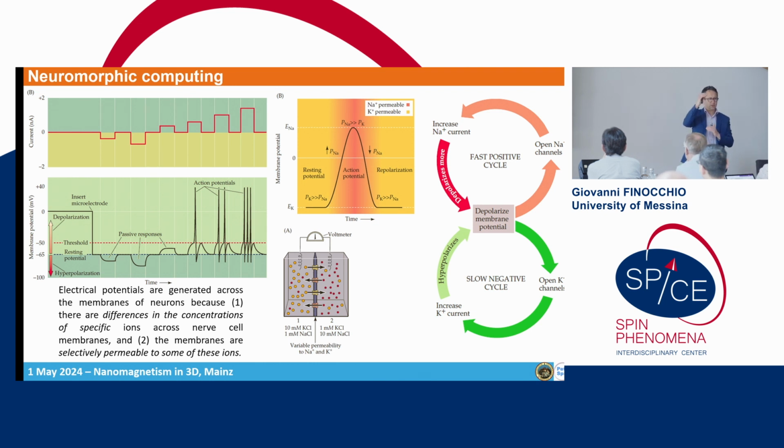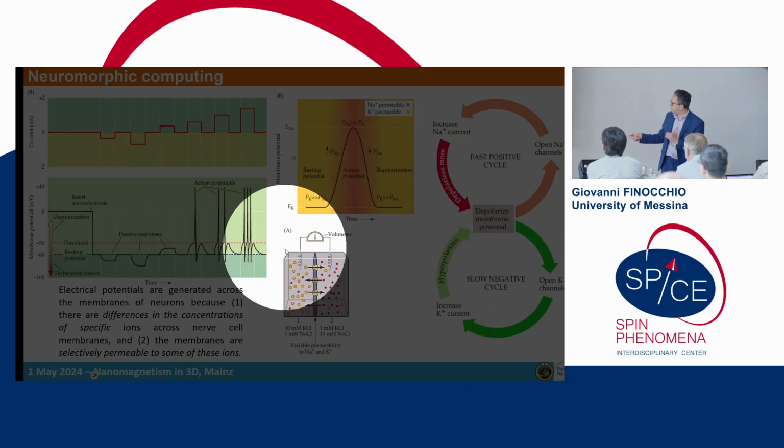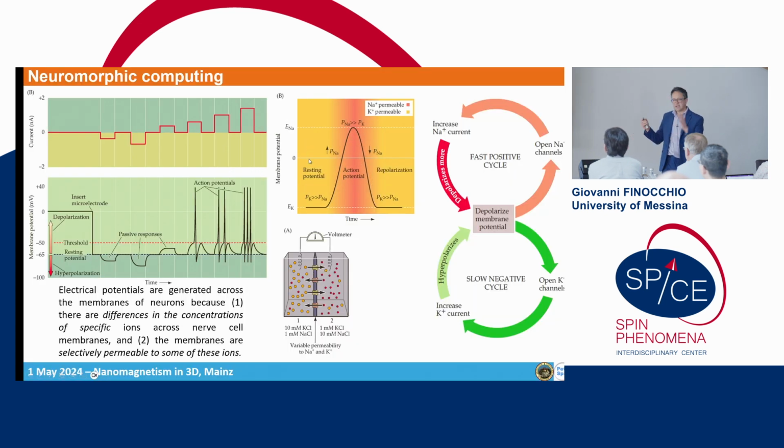Then you change the voltage across the barrier. As the voltage increases, the permeability of the membrane changes again, and the potassium ions move back to the other side in order to bring the voltage down again.